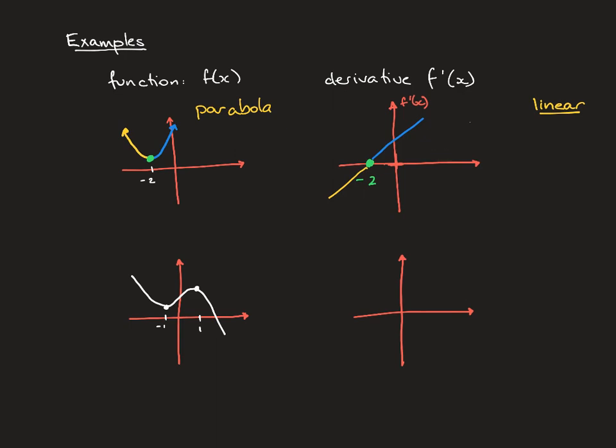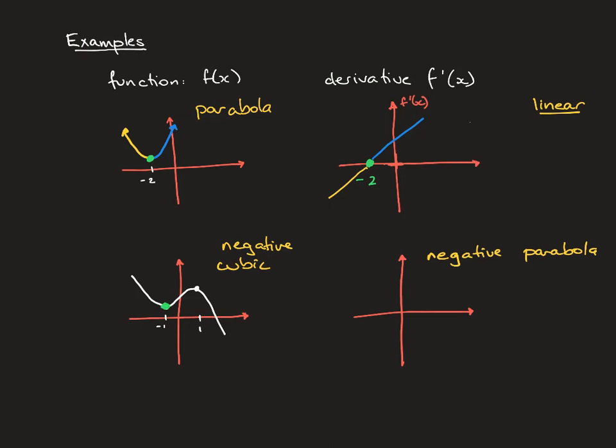So we can use the same idea with our next function down here, which is an inverted cubic. If you like, a negative cubic. And if we differentiate a cubic equation, we get a quadratic equation, and because our cubic equation is negative, we'll get a negative quadratic equation. So again, we look for the points where our derivative is 0.